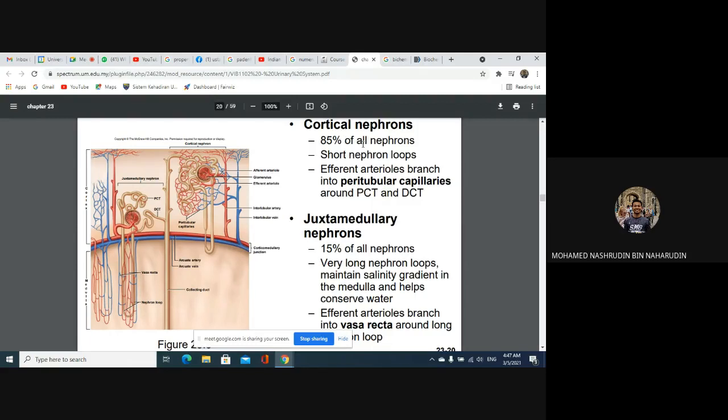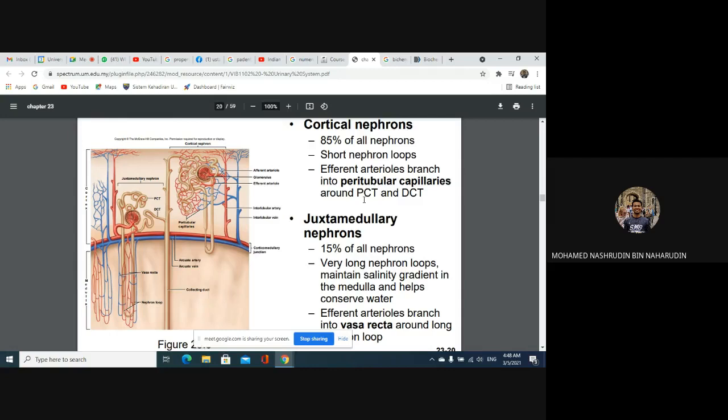85% of all nephrons are cortical nephrons, with capillaries and short nephron loops. Okay, short nephron loops, the loop in here. Follow my cursor. And an efferent arteriole branches into the peritubular capillaries around it.